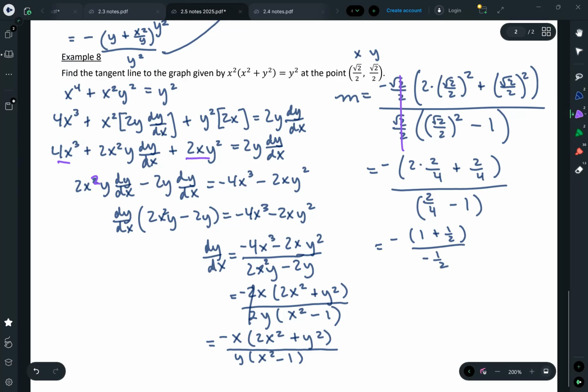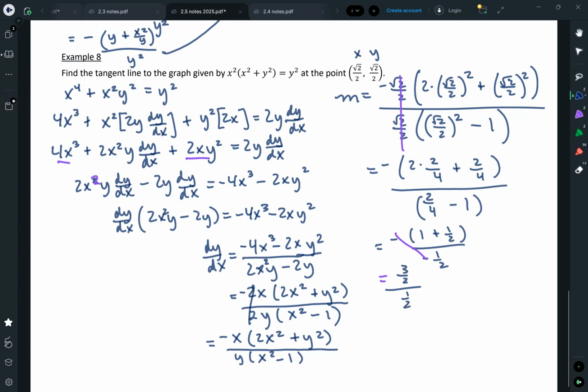So again, negative on the top and bottom, gone. All right, so now I have 3/2 over 1/2. So you could think, well, 3/2 divided by 1/2 is really 3/2 times 2 over 1. Or you could say, hey, multiply the top and bottom by the baby denominator. That still works. I'm telling you, it's like the coolest trick. We're down to just 3.